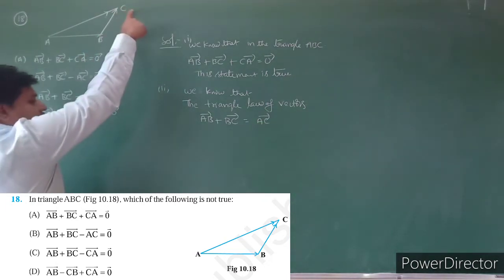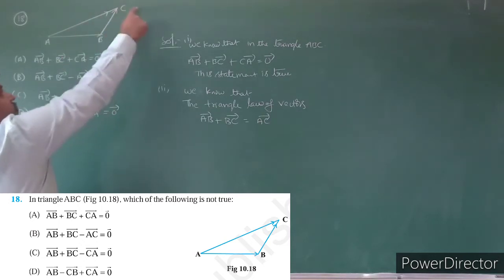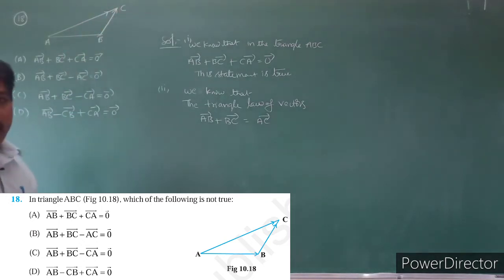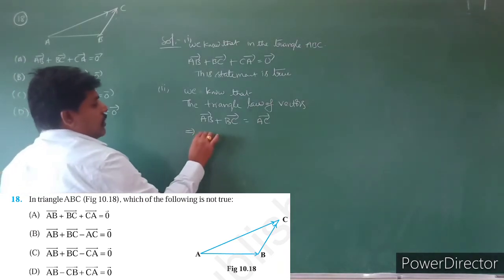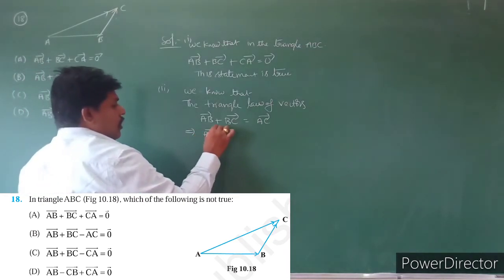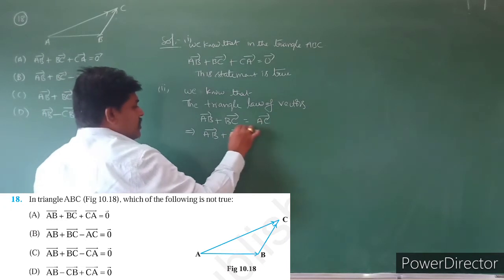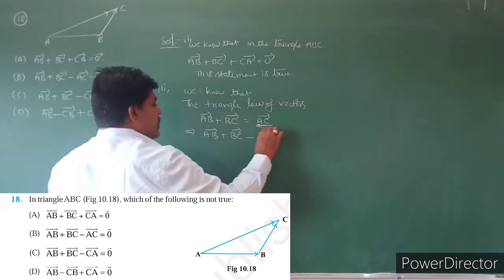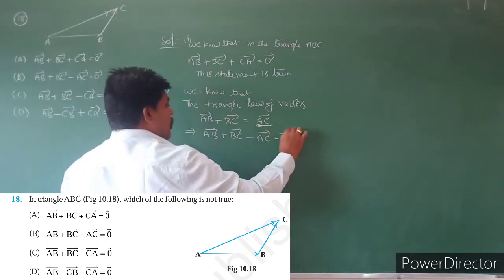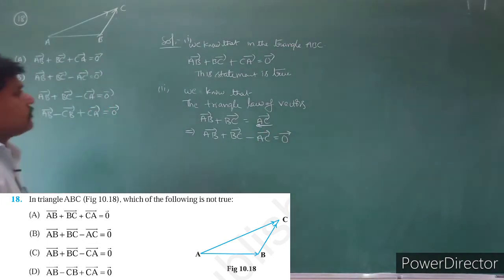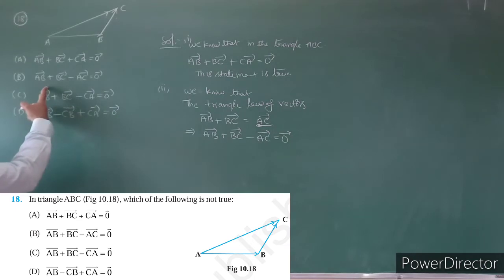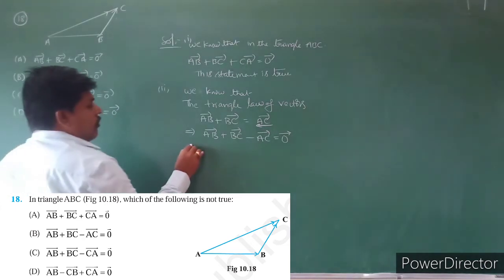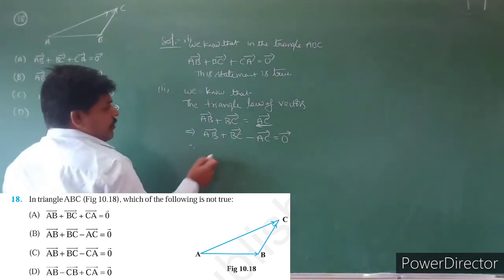The net displacement is nothing but AC bar. Already you know this condition. So from this, taking this term to this side, AB bar plus BC bar minus AC bar is equal to 0 bar. So this is the second condition, yes or no? Therefore, this statement is true.